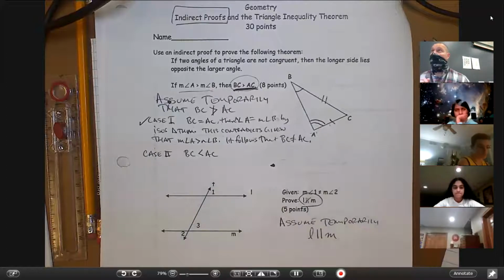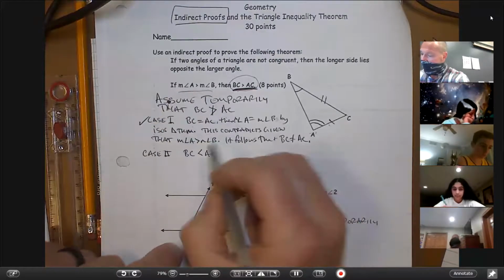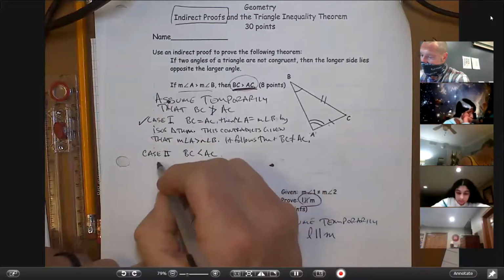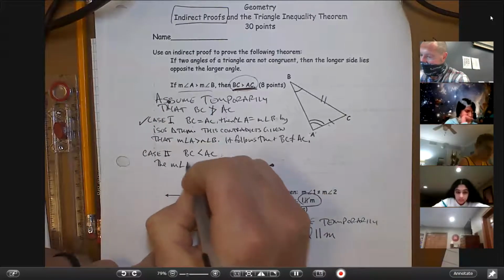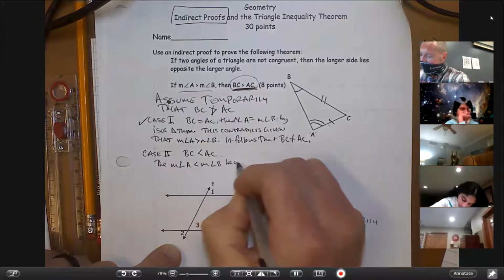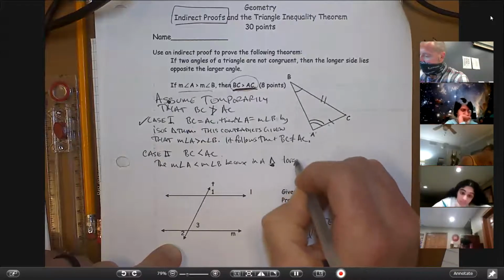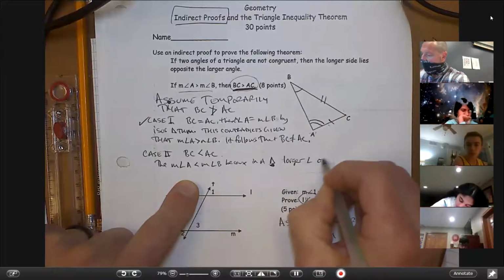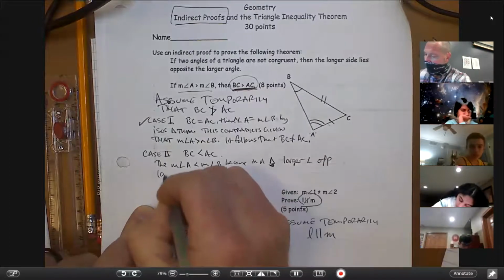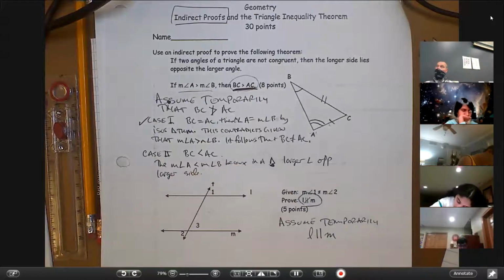So the measure of angle A is going to be less than the measure of angle B, because in a triangle, the larger angle is opposite the larger side. That's what we just got done proving.